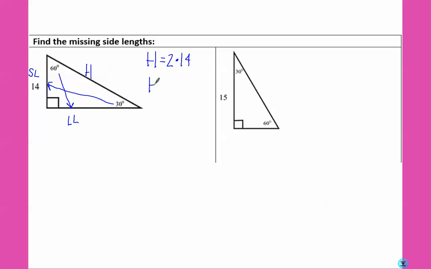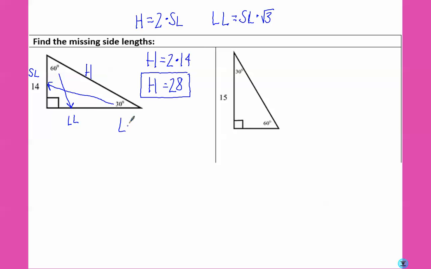So the hypotenuse is equal to 28. And the long leg is equal to the short leg times the square root of 3. So the long leg would just be 14 square roots of 3.